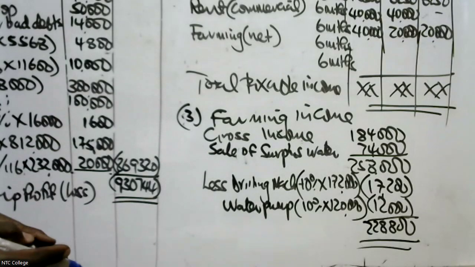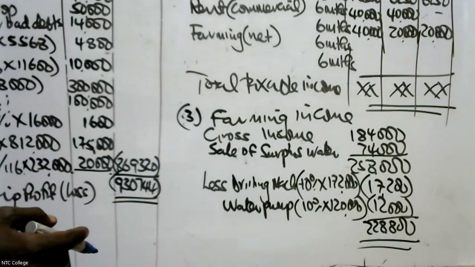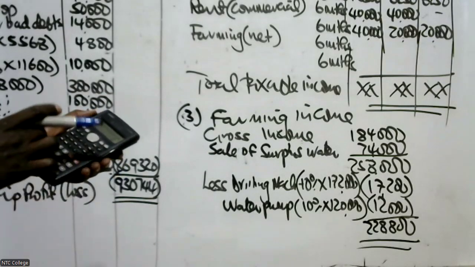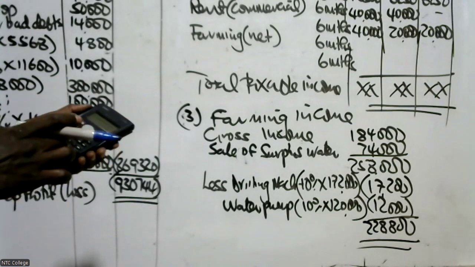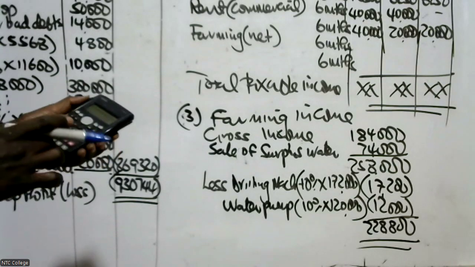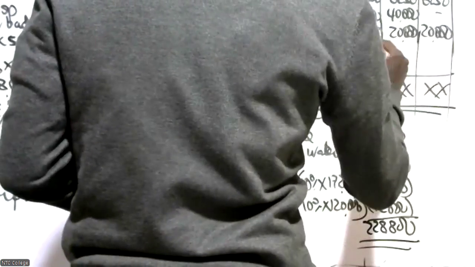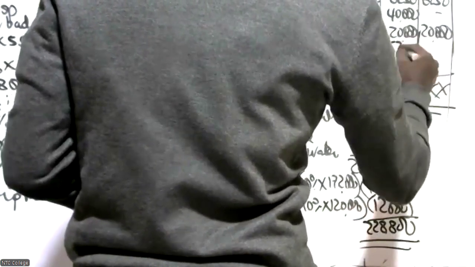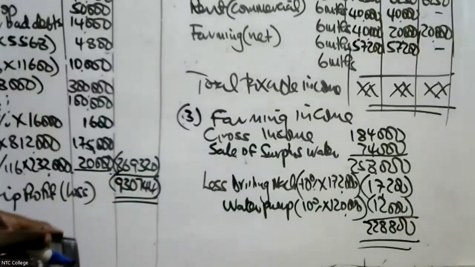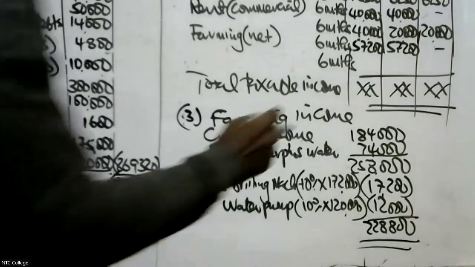So I come here and distribute. Half of that for 6 months is 114,400. Baraka gets his share, 57,200, and 57,200. Again, for the other 114,400, Baraka gets his share, 57,200.